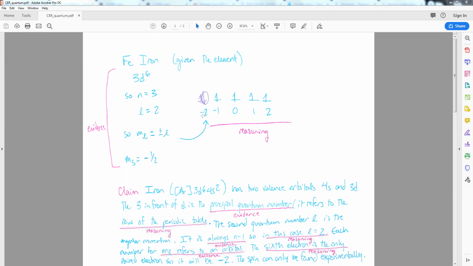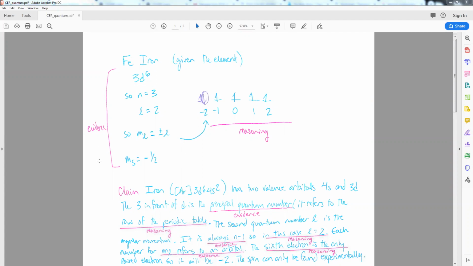So if I have -2, -1, 0, 1, and 2, and again, this is the 3d subshell, so I have 5 orbitals, and I've filled my electrons. Remember, I always fill singly, and then I pair. So because this is the 6th electron, this is the only electron that's paired. So my m sub l in this case would have to be -2.